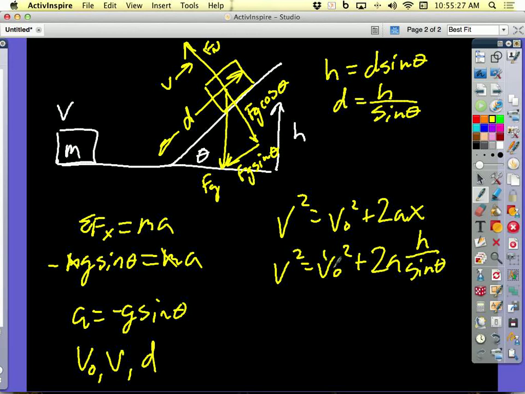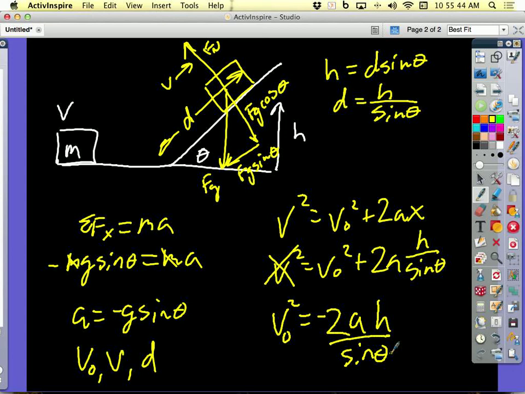So we know v0 squared, we know v final, right? So we've got v squared is equal to negative 2ah over sine theta, right?